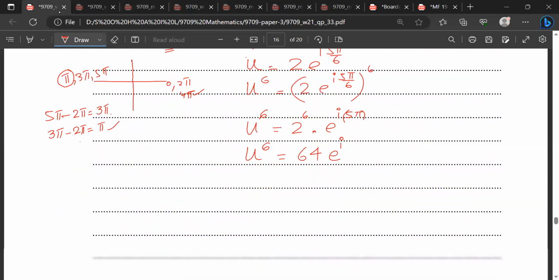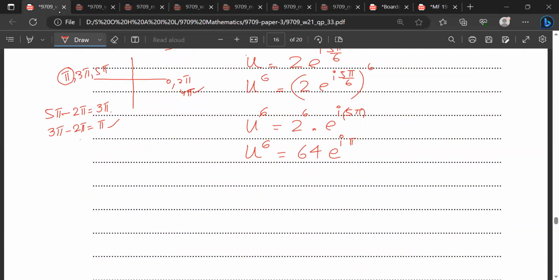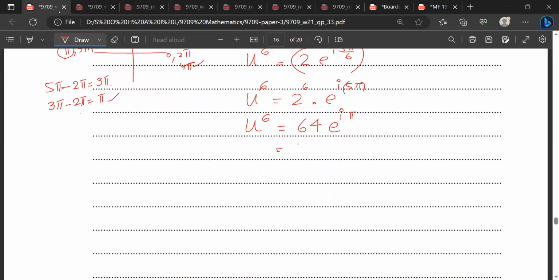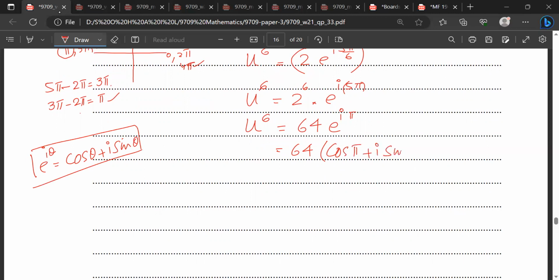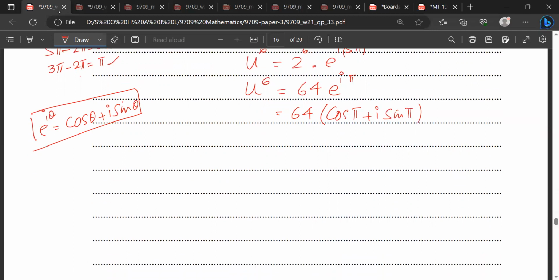So next, 64 e power iota pi. We know e power iota theta is cos theta plus iota sine of theta. So this can be written as 64 times cos of pi plus iota sine of pi. Sine of pi is 0 and cos of pi is minus 1.